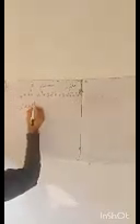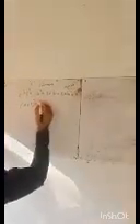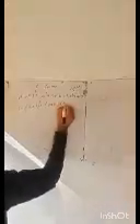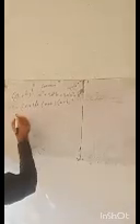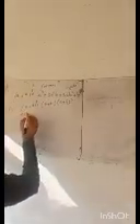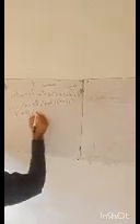A plus b cube is equal to a plus b multiplied by a plus b square, is equal to a plus b multiplied by a square plus 2ab plus b square. It is a formula.